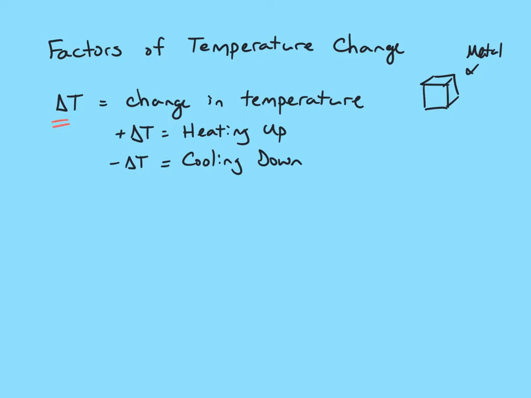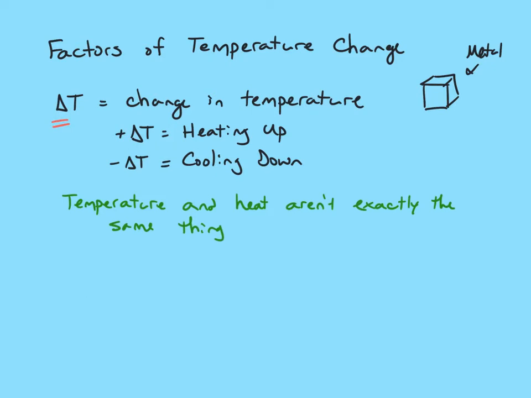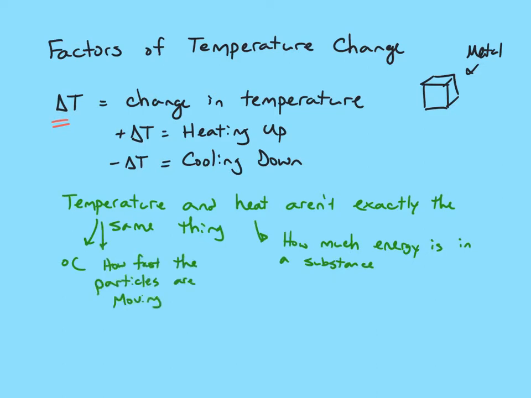Now, we discussed in a previous video lesson that temperature and heat aren't exactly the same thing. Temperature is measured in degrees Celsius, whereas heat is not measured in degrees Celsius, because heat is how much energy there is in a substance, not how fast the particles are moving. But the more energy you put into a substance, the faster the particles move, and so they're closely related to each other. I said you could think of heat and temperature as the same thing, but they're not.